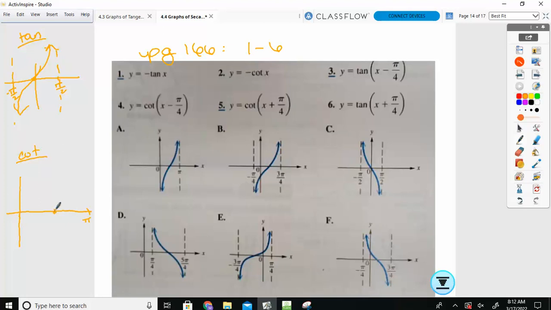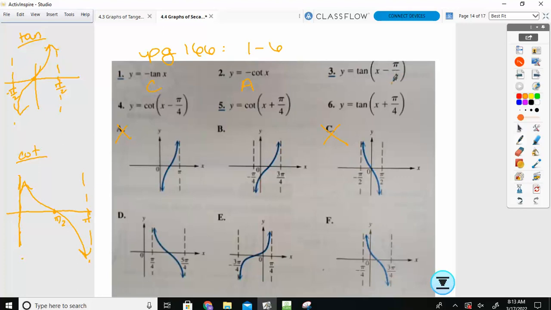Okay. Again, you hit 0 in the middle. Asymptotes at the end. Does it increase or decrease? Okay. So negative tangent. It should still go from negative pi over 2 to positive pi over 2, but we flip it, so it should be decreasing. So which one is that? C. All right, negative cotangent should still go from 0 to pi, but it should be flipped. So that would be A.